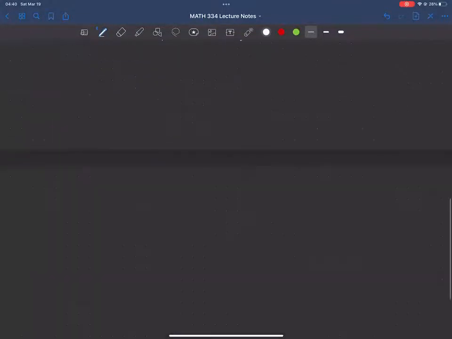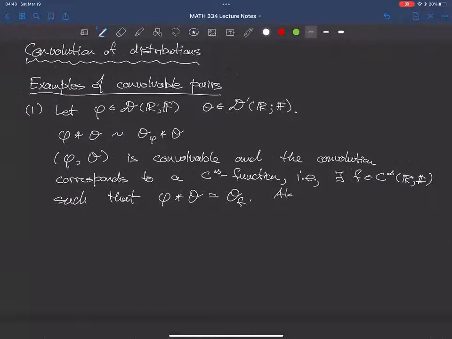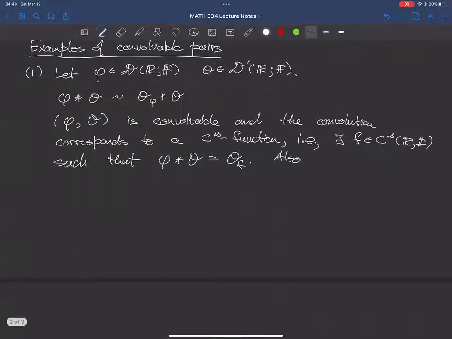And lots of other things are true. So it's an infinitely differentiable function, and so you can ask what are its derivatives. So what's the kth derivative? Well, it turns out that you can apply the derivative in the convolution to either component in the convolution.